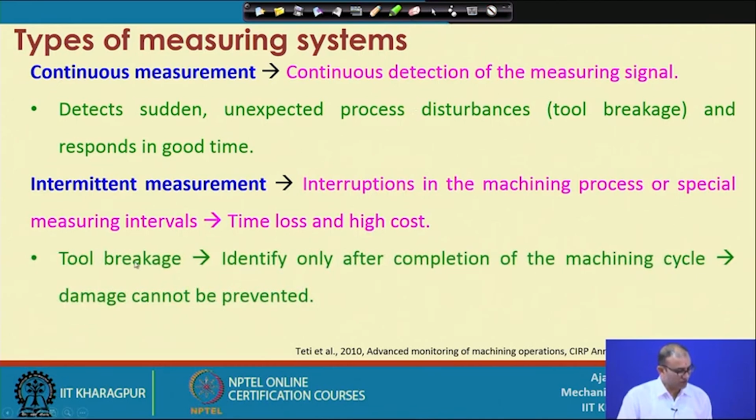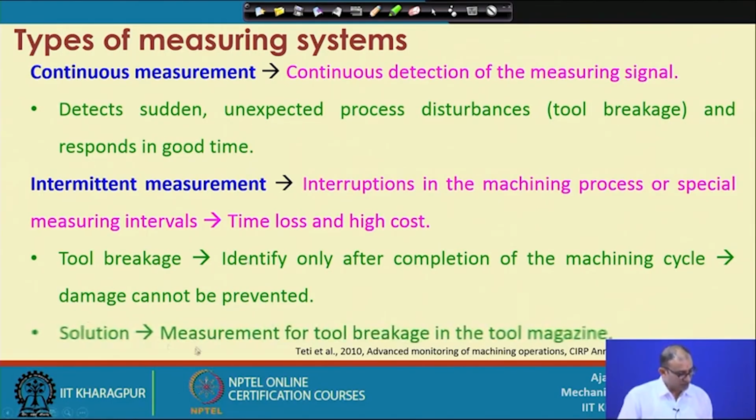Suppose you want to detect tool breakage by intermittent measurement, it can be identified only after completion of the machining cycle. So, you do not know at which particular location your tool is broken and you still continue the operation, and finally you cannot prevent damage of the cutting tool as well as the workpiece. That is the problem with the intermittent approach.